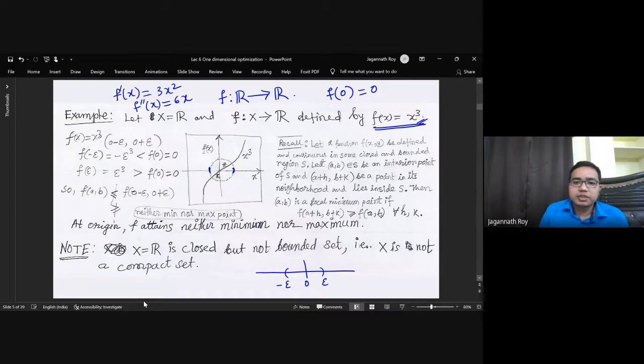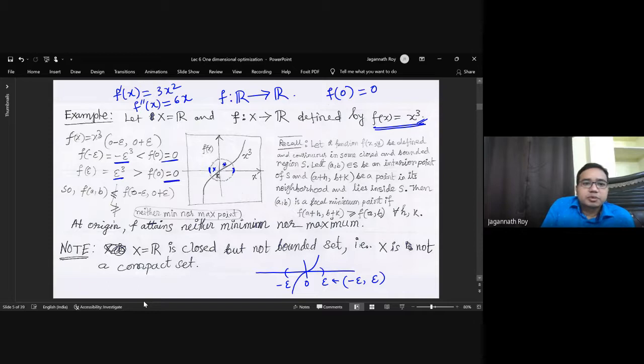The function is a continuous function passing like this. So the interval is minus epsilon to plus epsilon. In this direction it will become negative epsilon cube, less than 0. But at plus epsilon it will become positive.